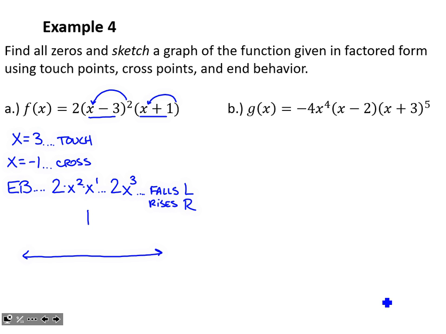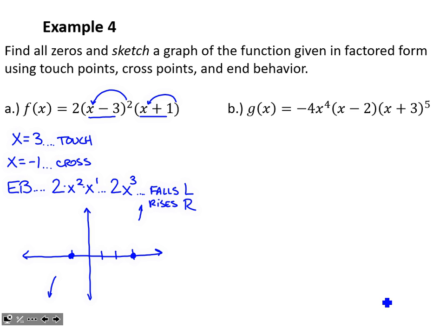All right, so I'm going to go ahead and chart out at negative 1. I know I've got a 0 there, and at positive 3, I know I've got a 0 there, and I know it has to fall on the left side and rise on the right side. I just need to make sure that the graph crosses those zeros appropriately. So I'm just going to bring it through from left to right.